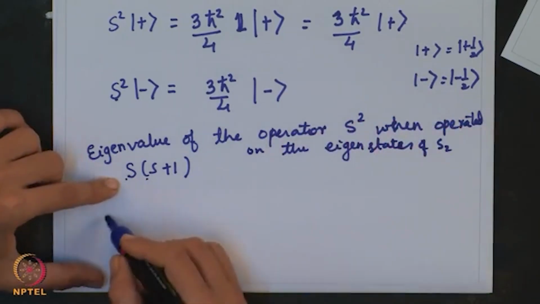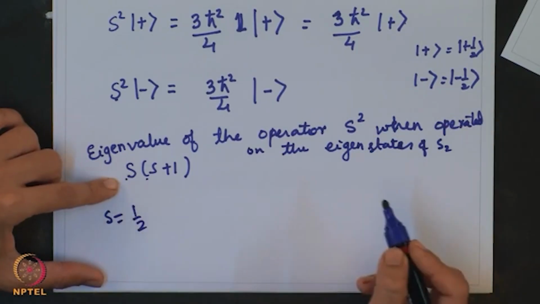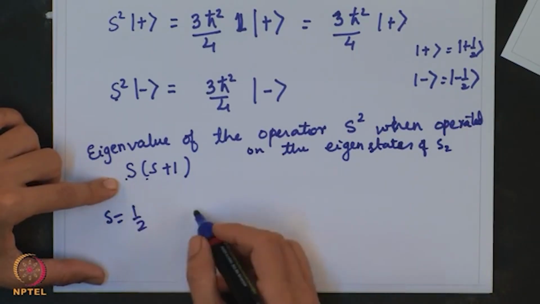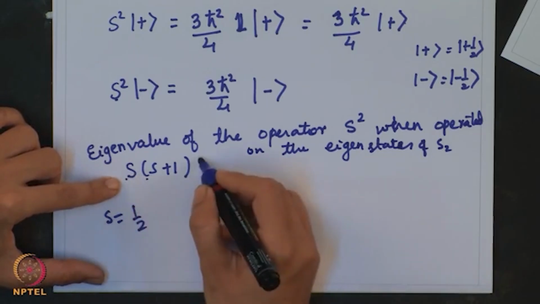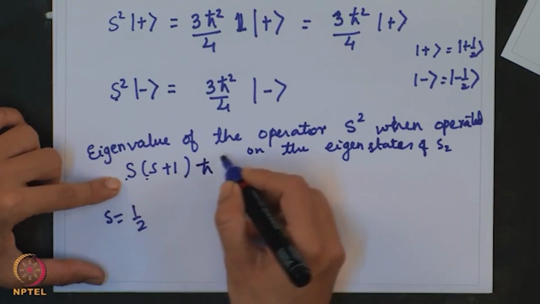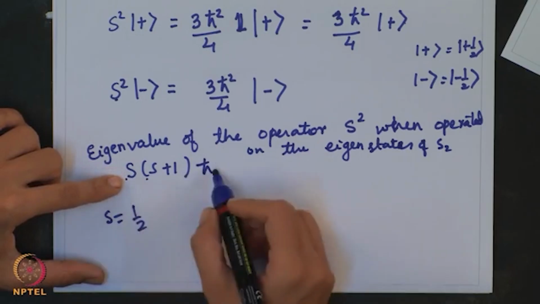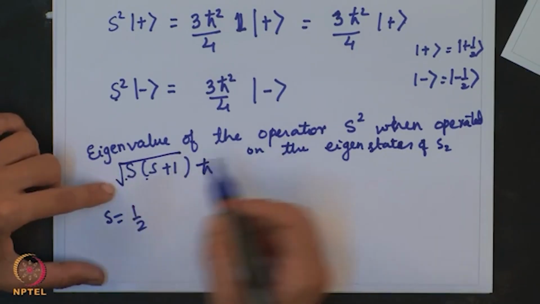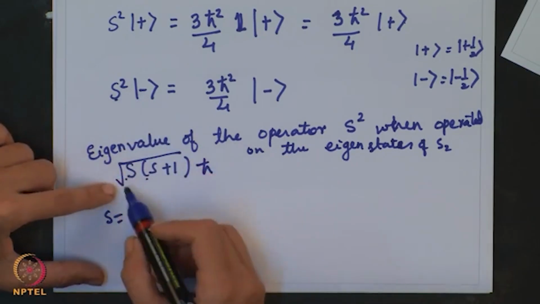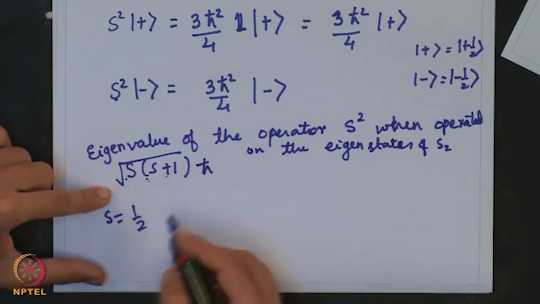So, when you substitute for s as half, what do you obtain? You get the eigenvalue s into s plus 1 ħ square. Actually, the magnitude is square root of s into s plus 1 times ħ, so when you do S square, you will have s into s plus 1 ħ square.